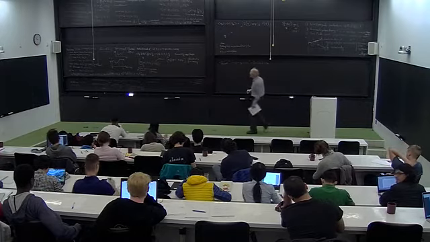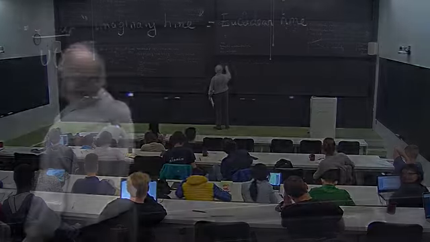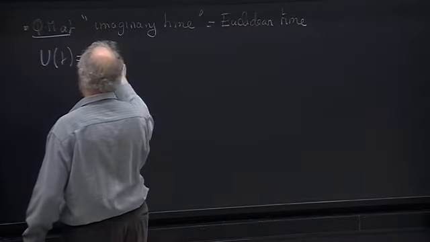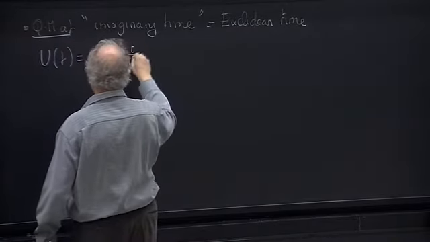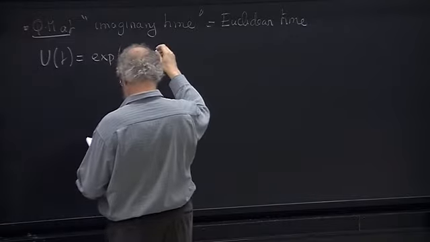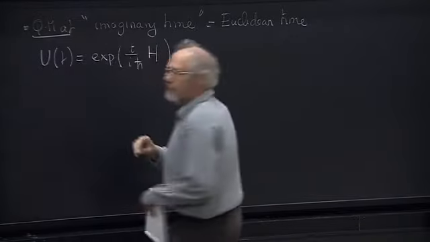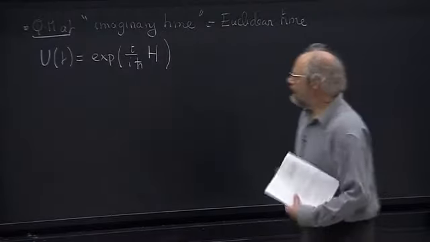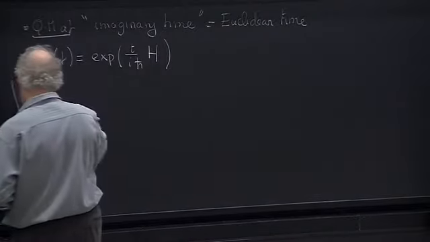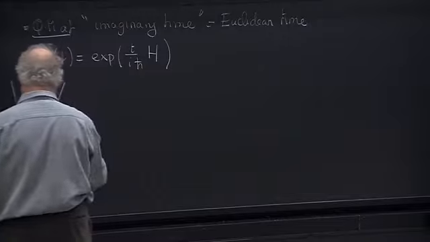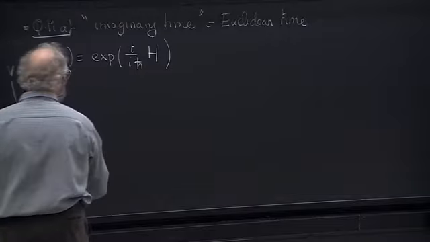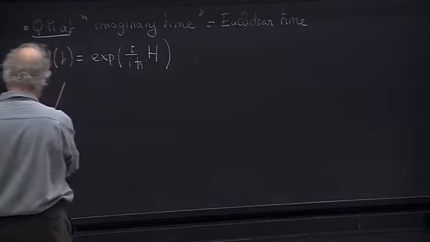Okay. So we have seen that the evolution operator U of t is the exponential of t over i h bar times the Hamiltonian. And in general, for a system like, for instance, a harmonic oscillator in a potential V, H has a discrete spectrum.